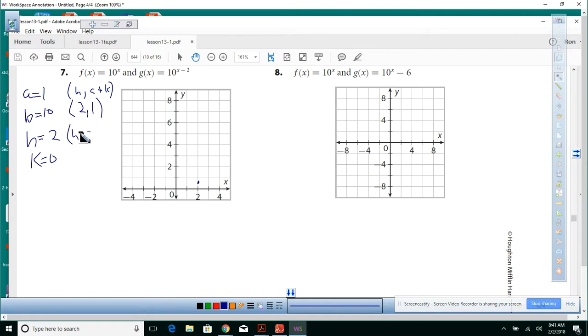And then we got H plus 1, A times B plus K. So 2 plus 1 is 3. And then A times B, that's going to be 10 plus 0 is 10. So we got 3, 10, 7, 8, 9. So 10 is probably about right there. That's a little bit off. All right, so let's grab this.